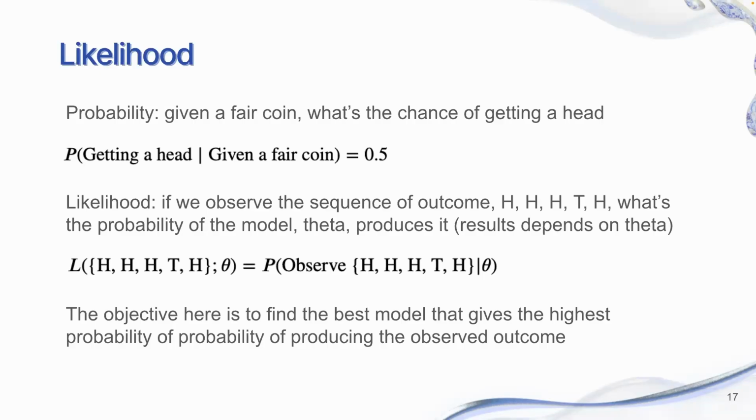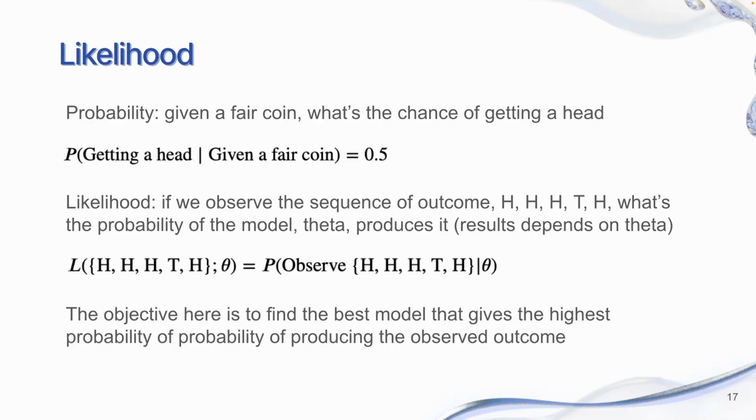That's pretty intuitive. Likelihood, on the other hand, means that we observe some sort of sequence of data, which is head, head, head, tail, head in this case, and then ask what's the probability of a model that produces this kind of data. So you see the difference: for probability, you know the model and you try to recover the data, figuring out how likely this model is to generate the data.